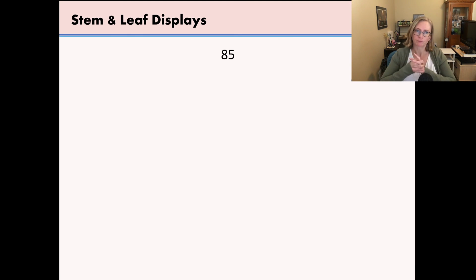Okay, so the number 85, what you're going to do for a stem and leaf display is you're going to split it. Basically the, what do you call it? My brain is fuzzed out. I can't think of the word, but I'll just walk you through it. The stem is going to be the tens digit. 80, basically, right?